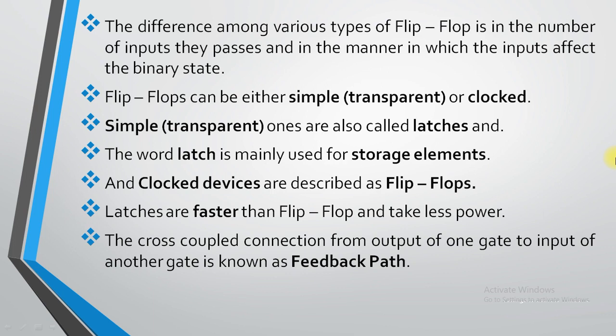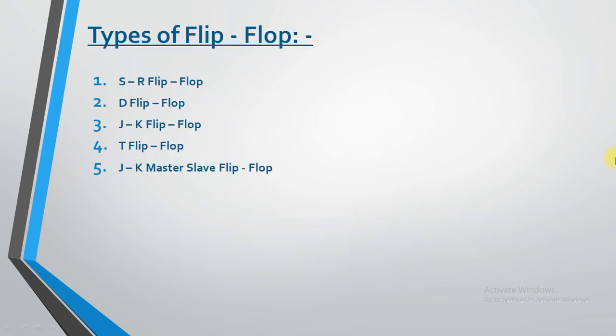And when you use the cross-coupled connection, it is identified by the feedback path. Here is the list of types of flip-flop. There are 5 flip-flops: SR, D, JK, T and JK master and slave.